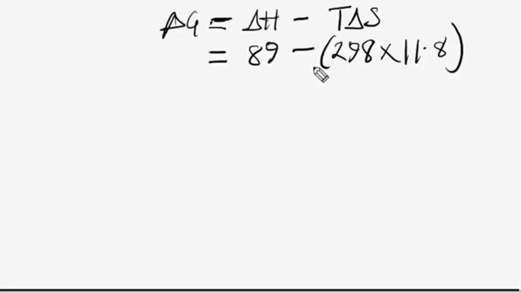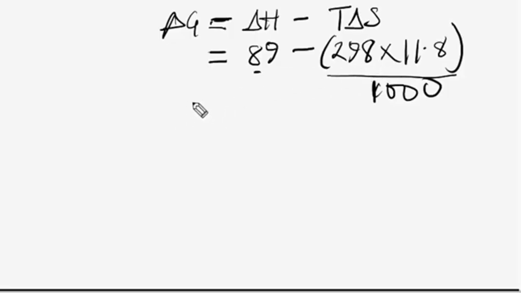Let's recall that from the question we are given the enthalpy in kilojoules, and the entropy in joules. So we are simply going to divide by 1000 to also get it in kilojoules, so that we can subtract them when they are in the same unit.